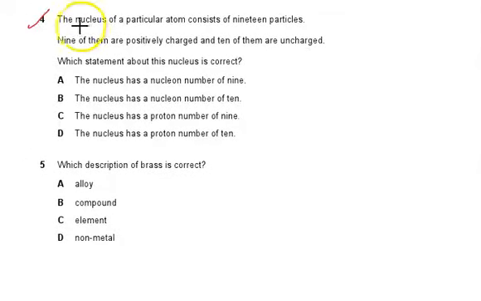Okay, number 4. A nucleus of a particular atom consists of 19 particles. 19, and this is the nucleus, this is the X. 9 of them are positively charged and 10 of them are uncharged.